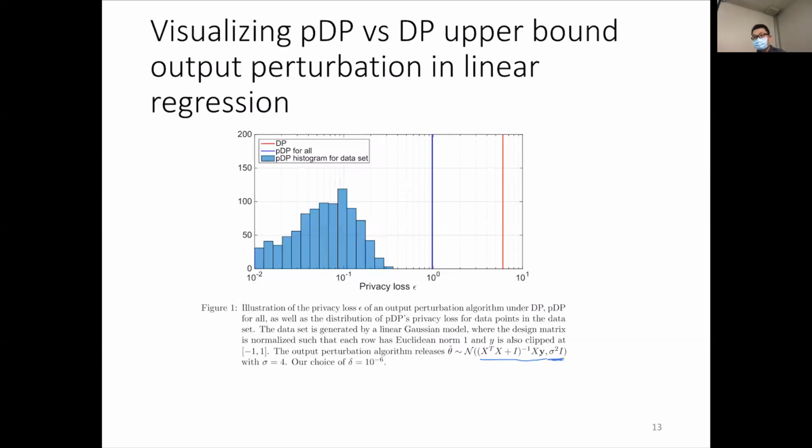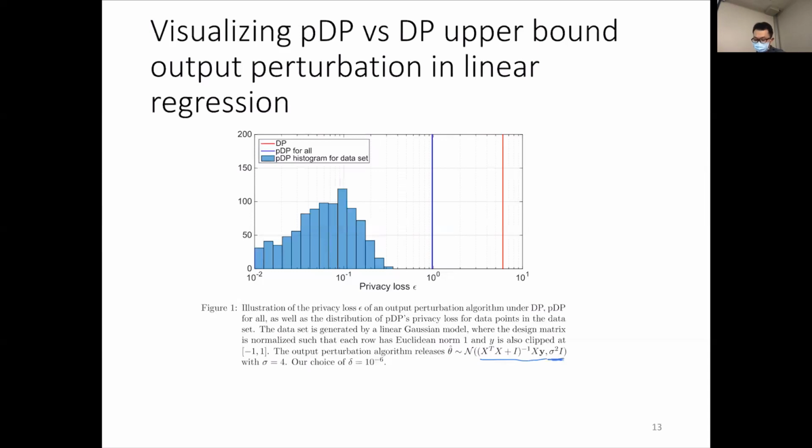So now I have n epsilons, and the histogram on the left-hand side gives you the distribution of these per-instance DP parameters. This says that for a large majority of these individuals, for this particular algorithm that adds this much noise, their privacy parameter is actually 2 orders of magnitude smaller than the worst case upper bound that you use to calibrate noise to privacy.